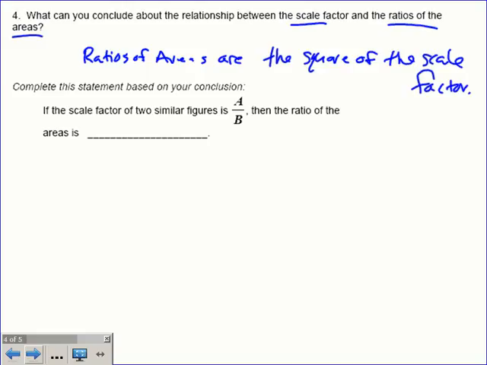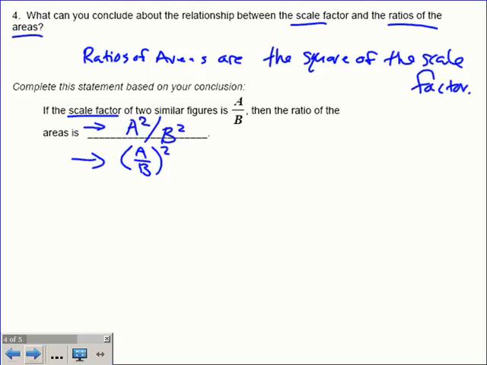And it's really nice that there's an example below. It says if the scale factor of 2 figures is A over B, then our ratio of areas would be A squared over B squared. Okay, we have to square both of them. Or if you were to put it in parentheses, that's (A over B) squared. Either way, it's technically correct. I usually think of it like this, but when I write it, I always write it like that. So whichever way works, works.